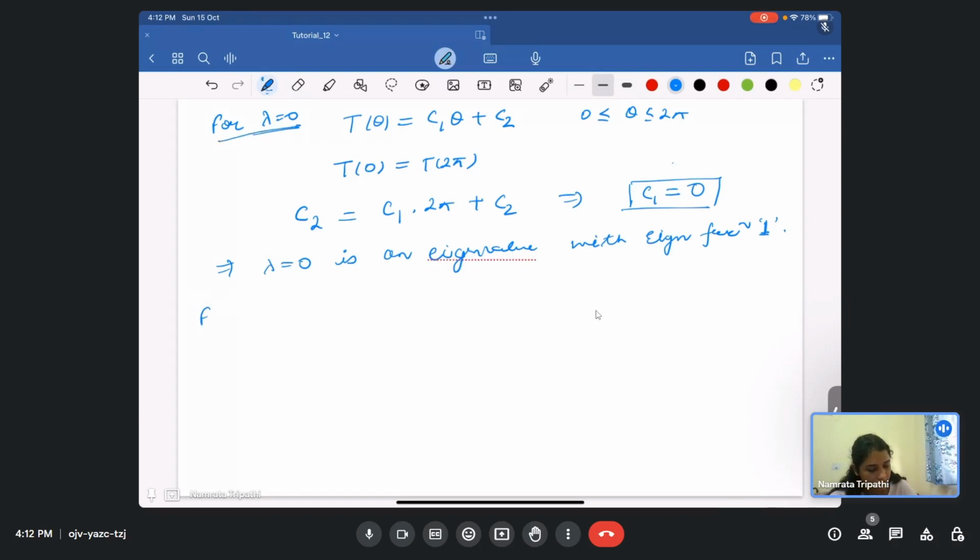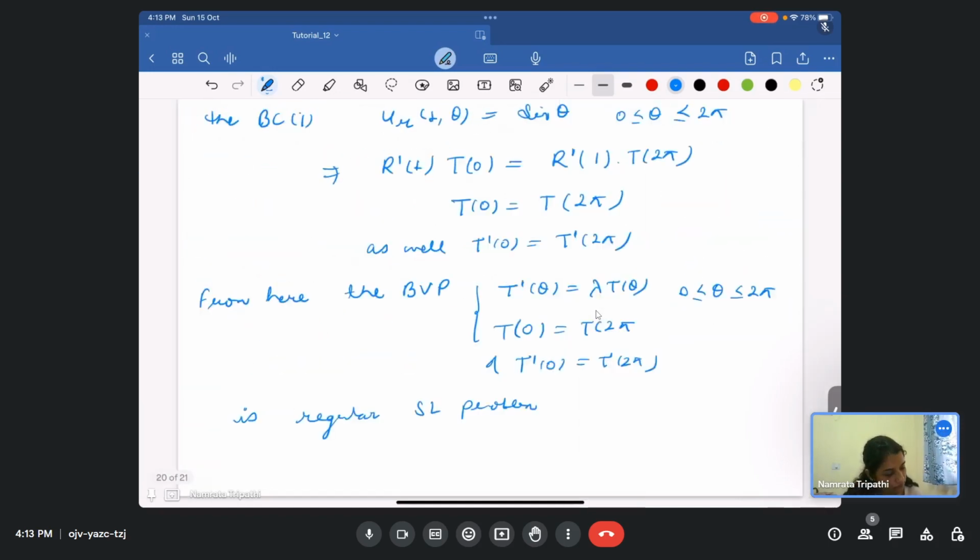Now for lambda equal to minus mu square, please try to solve for minus mu square and tell me the answer. For lambda equal to mu square, solve this SL problem.